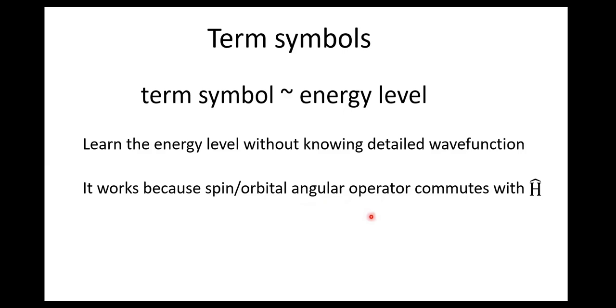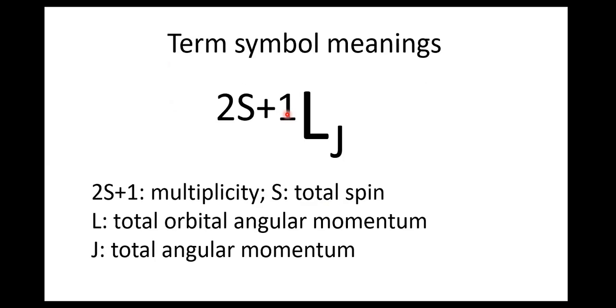And those eigenfunctions are the many-electron wave functions we are aiming at. So that's why we can resort to this term symbol tool to understand the energy levels of many-electron systems.